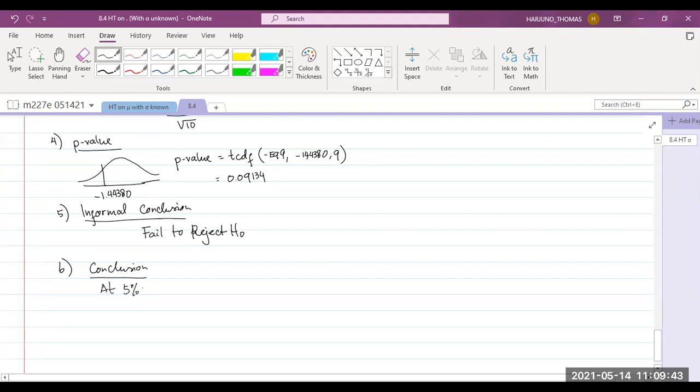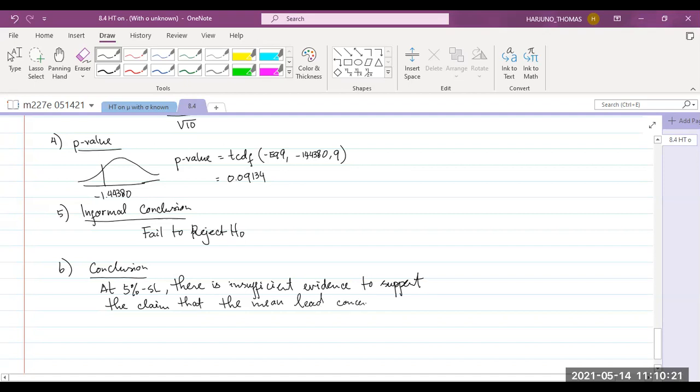At 5% significance level, there is insufficient evidence to support the claim that the mean lead concentrations in all such medicine is less than 14 micrograms per gram.